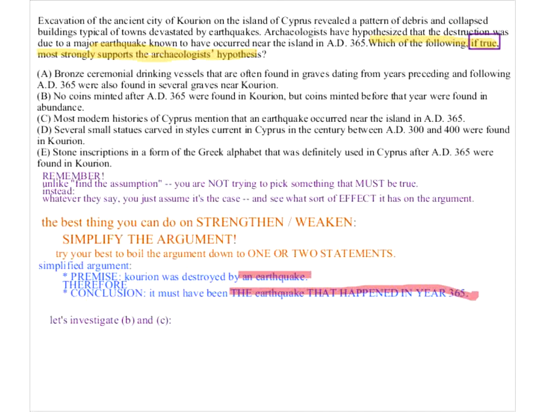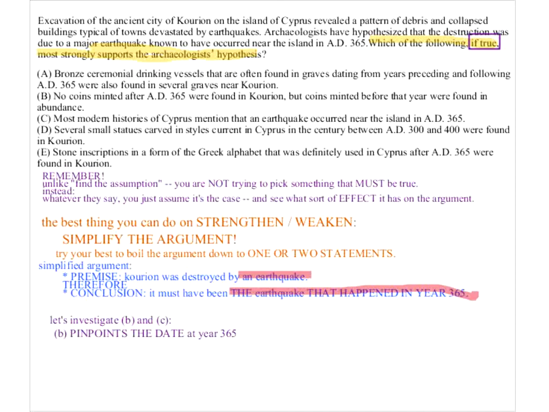B pinpoints the date at year 365. Because this says there were tons of coins from before 365 and there were no coins at all after 365.